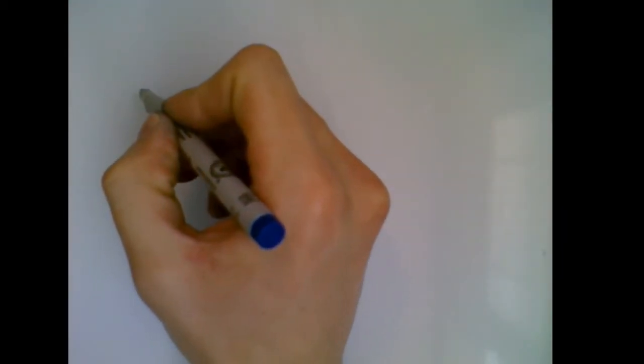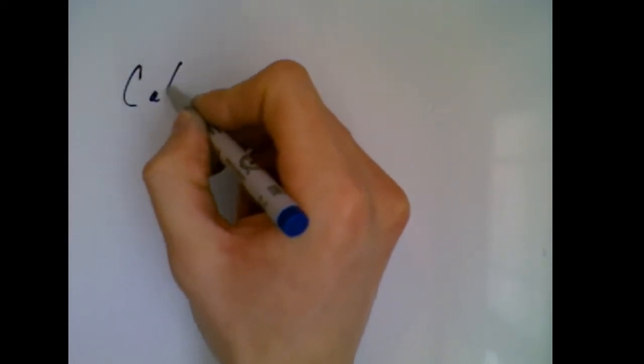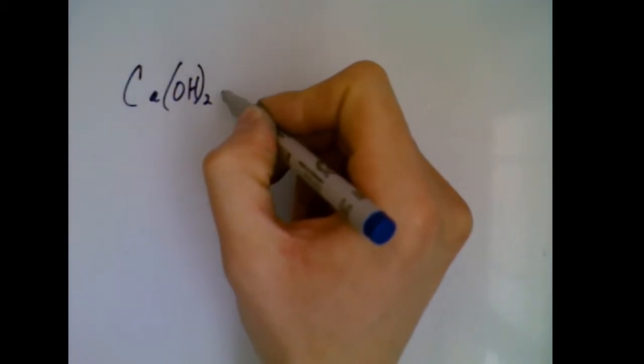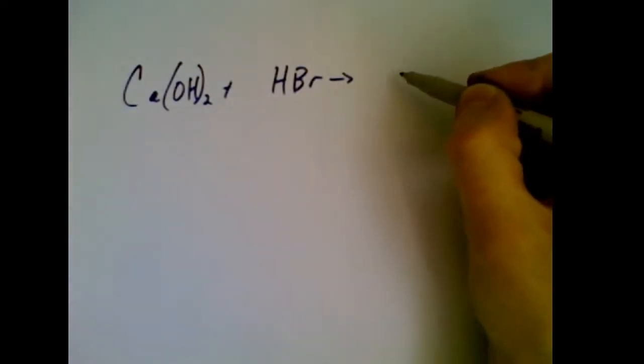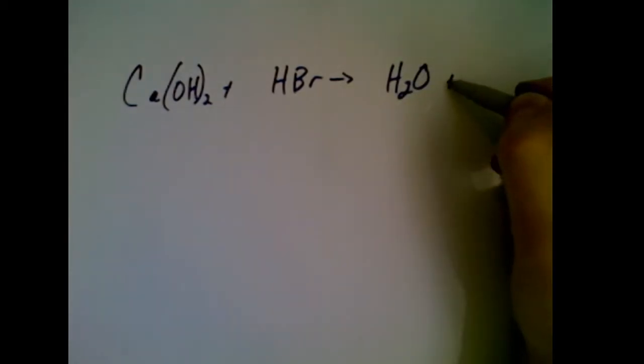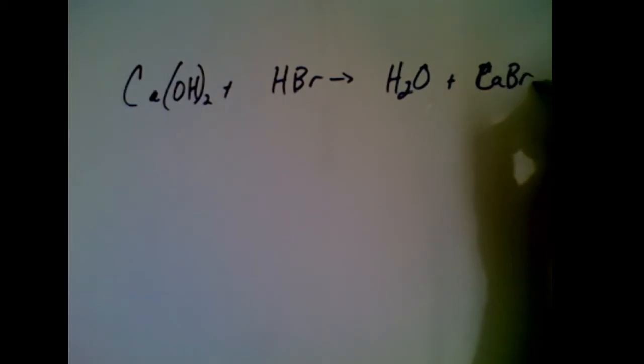And as we saw when we dealt with chemical reactions, those chemical reactions are based on the amount of atoms or molecules. So let's take a look under the camera, and you're going to see that if we write out some kind of chemical equation, let's say Ca(OH)2 reacts with HBr, and that produces water and CaBr2.